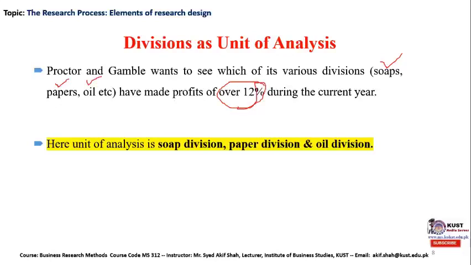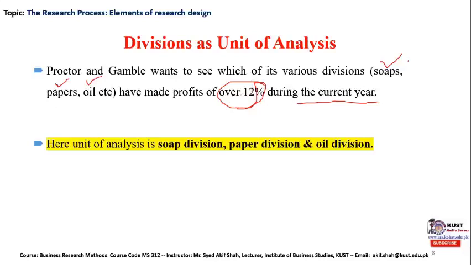The researcher analyzing the conglomerate is inclined to know about the various divisions' profit ratios, or what profit they have earned during the current year, and the emphasis is to find out those divisions which earned more than 12% profit.